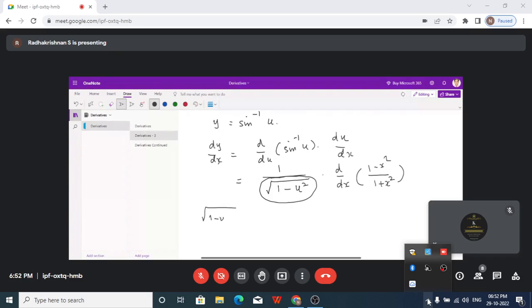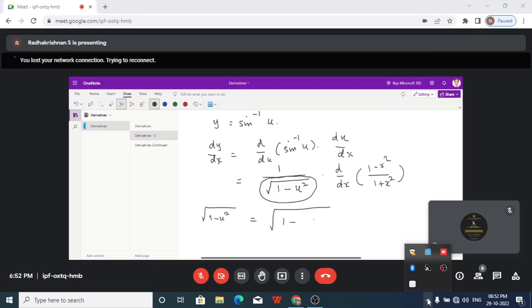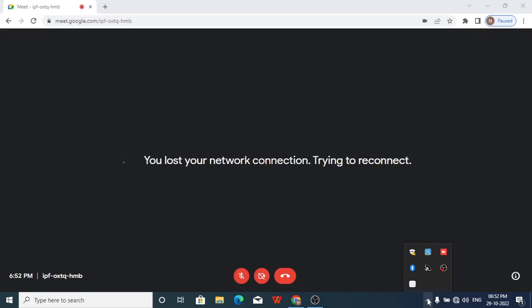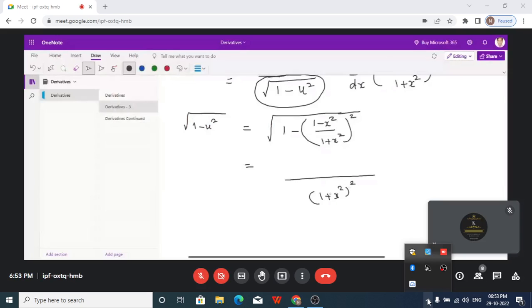So square root of 1 minus u square equal to square root of 1 minus, correct?